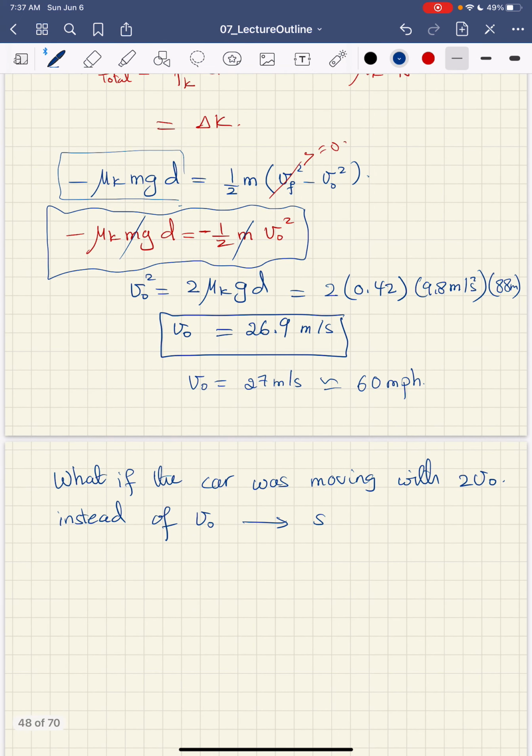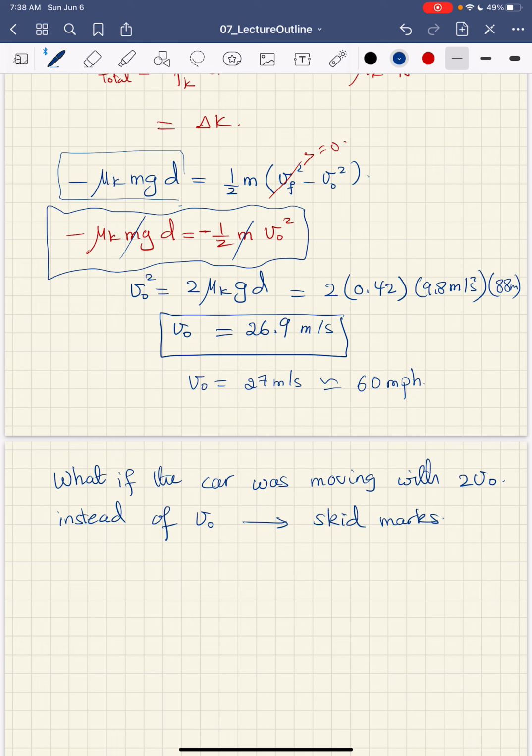Okay, then I want you to find now if the velocity of the car was, instead of being v0, which is the 27 meters per second, what if it is 2v0? How is this going to affect the skid marks?